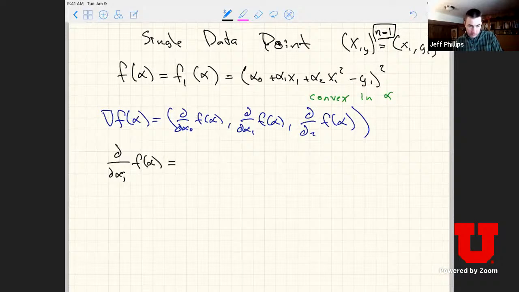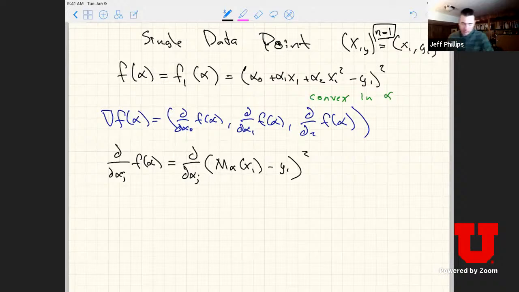Okay, so this is going to be d of alpha j. Let's just write this out as m alpha at x1 minus y1 squared. I'm not going to use the full expansion right away.